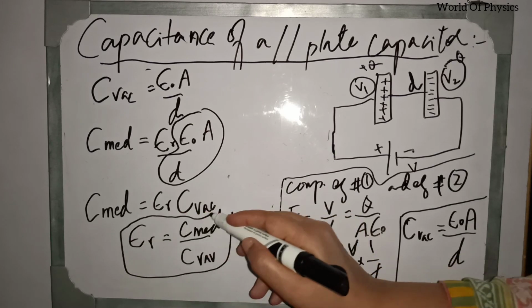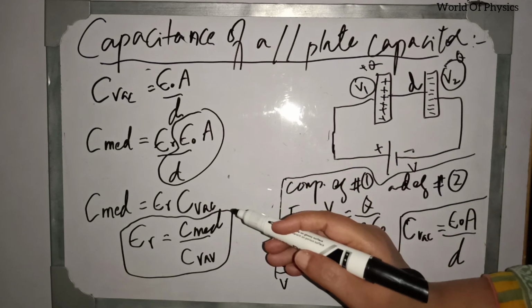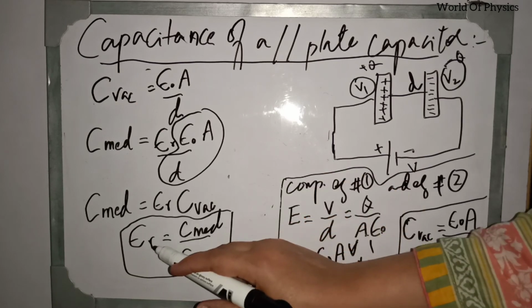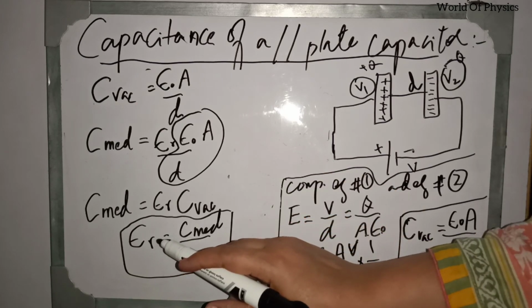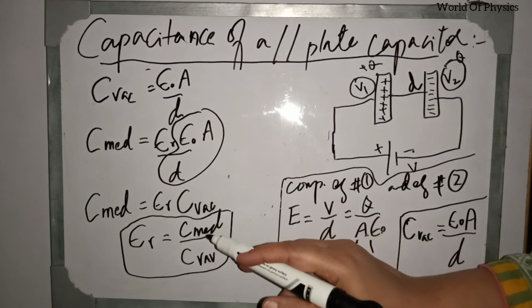So epsilon R is equal to capacitance in medium divided by capacitance in vacuum, or we can say that this equation provides us with the definition of relative permittivity epsilon R, or dielectric constant, or specific inductive capacity.